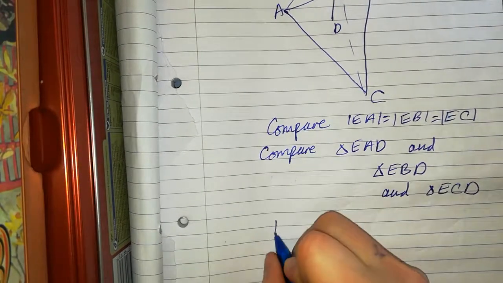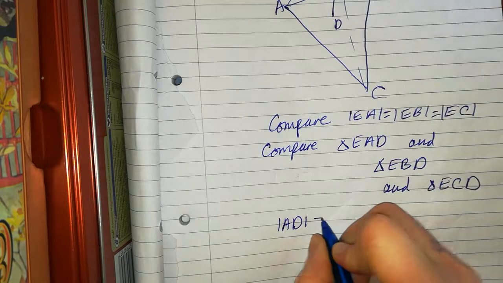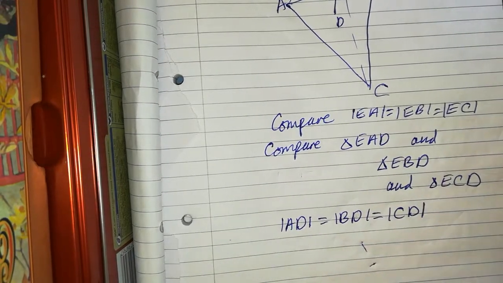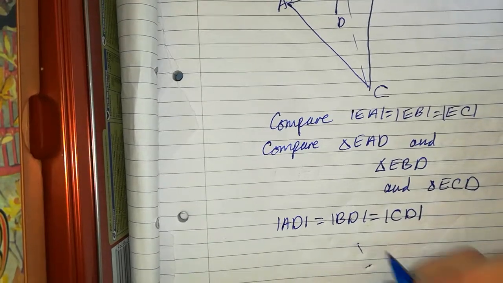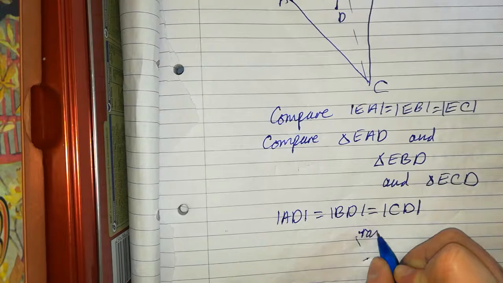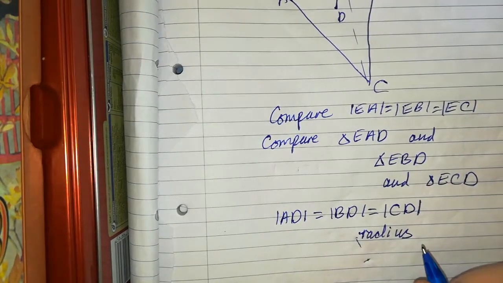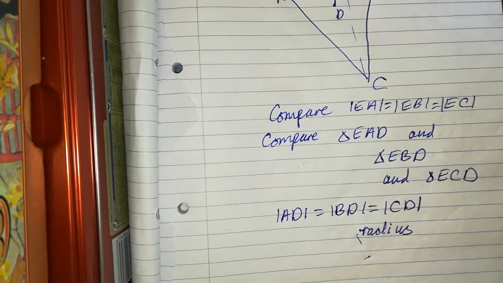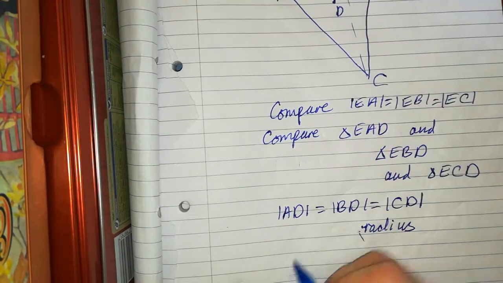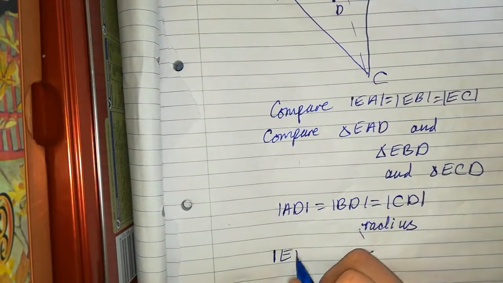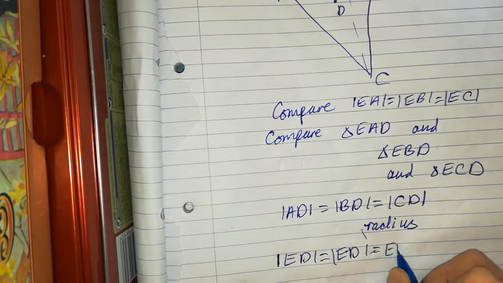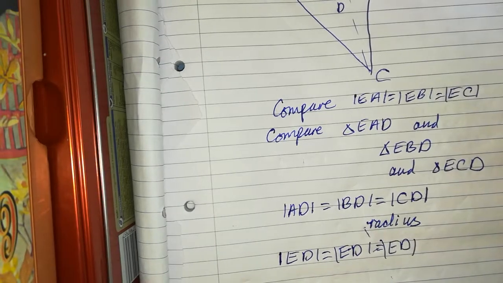I just showed that AD is equal to BD is equal to CD, because from the circumcenter they are the radius to the edge of the circle. And each of the triangles has the same line ED, so ED is equal to ED for each of the triangles, because that's the same pole that they're all sharing.